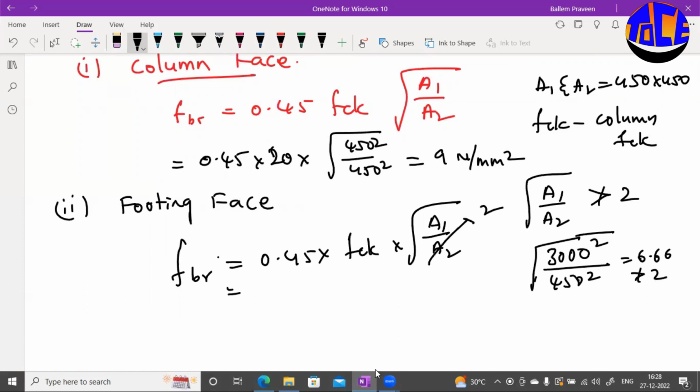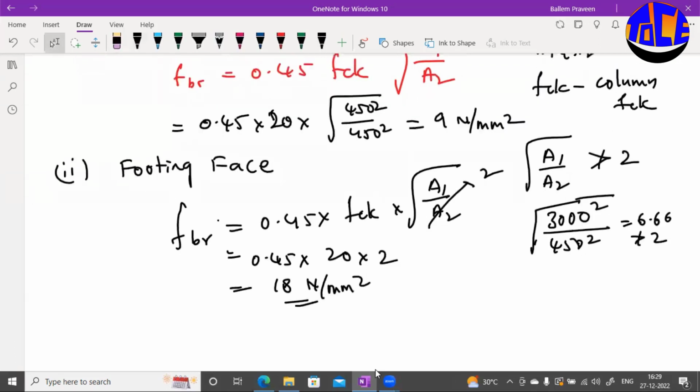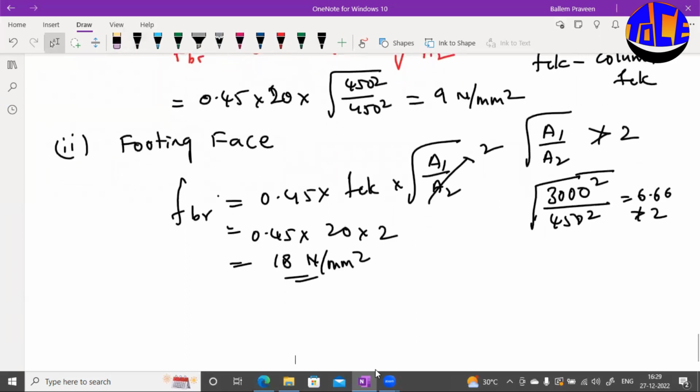So it will be 0.45 into 20 into 2, because IS 456 says the value of under root A1 by A2 should not be more than 2, so we are taking 2. Understood? So it will be around 18 Newton per mm square. Among these two, what is the least value that will influence your design?